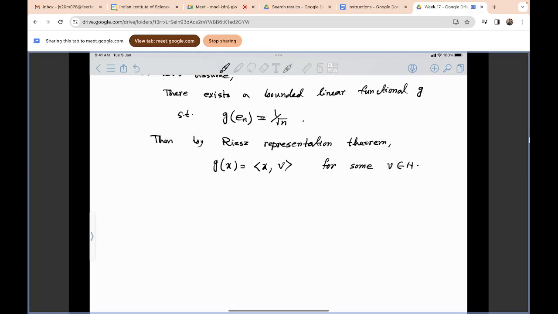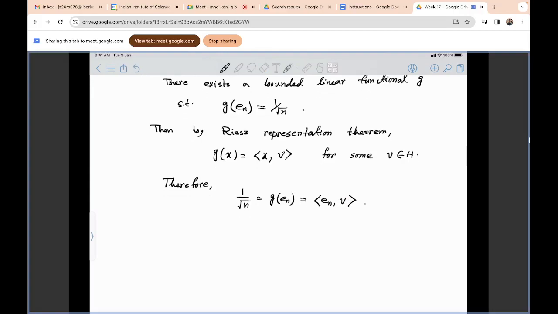And now we know that G of En is 1 by square root n. So therefore 1 by square root n equals G of En, which is the same as En inner product v, right? So this we now get.